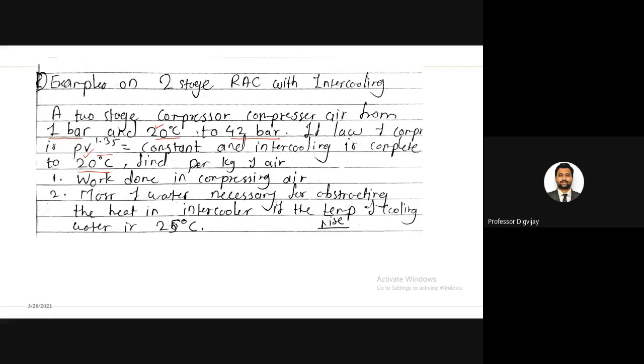Now find, per kg of air, the work done in compressing the air, and second, the mass of water necessary for abstracting the heat in the intercooler if the temperature of cooling water is 25 degrees Celsius. So here we are not only dealing with the compressor, we are also dealing with the intercooler. Intercooler is one type of heat exchanger.